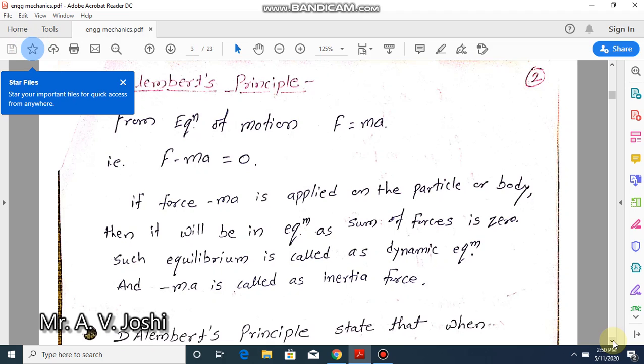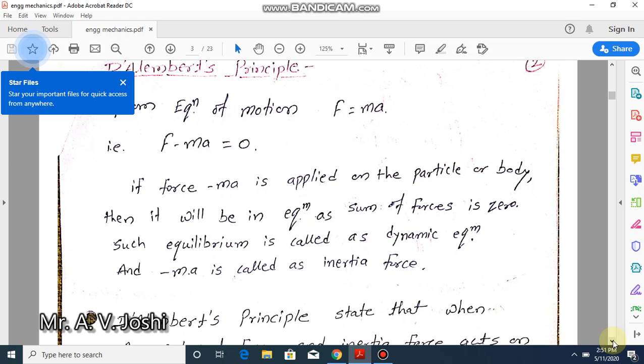If force minus ma is applied on the particle or body, then it will be in equilibrium as the sum of forces is 0. Such equilibrium is called dynamic equilibrium, and minus ma is called the inertia force.